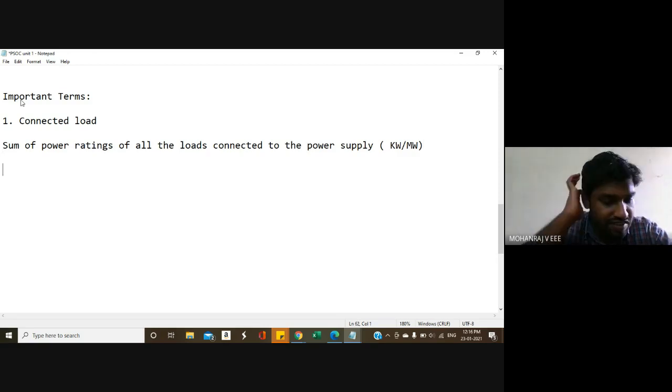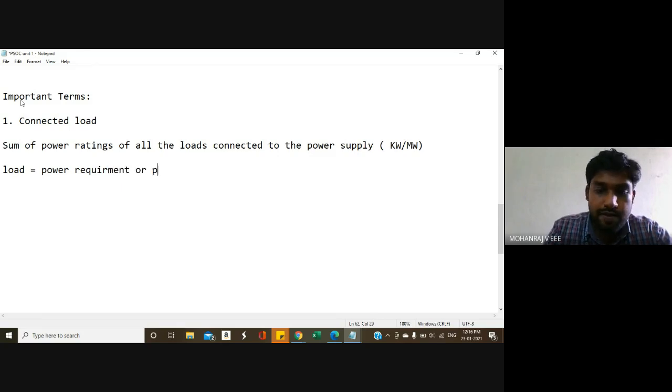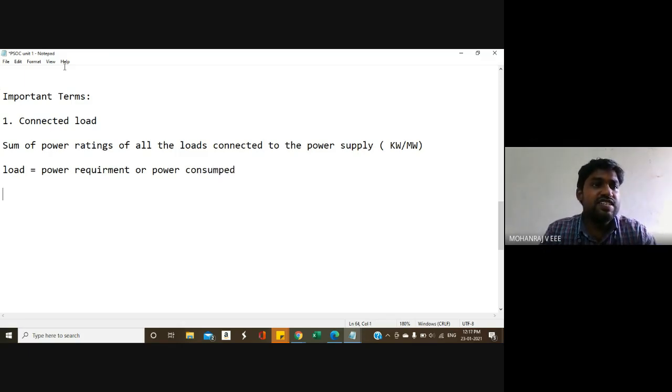So already we have discussed what a load is. Load is power requirement or power consumed. That is your first important term, connected load.